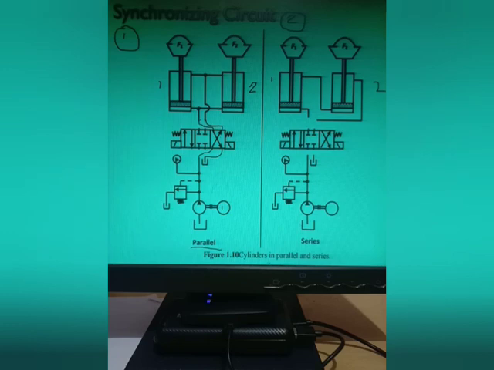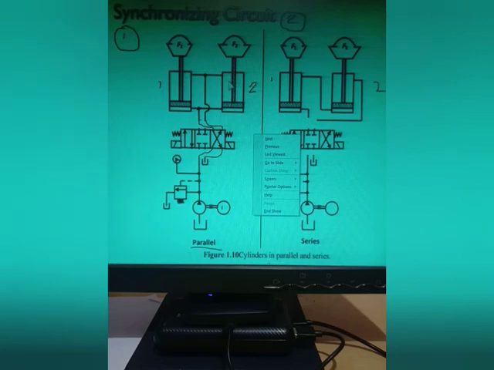Now how will the oil flow? From the pump, the oil through the direction control valve will go to this line. I will show that. From the pump the oil will go to this line. It will go to the B end, or we can say the rod end of the actuator, and as the oil goes here, these two actuators will start moving in the downward direction at one time.